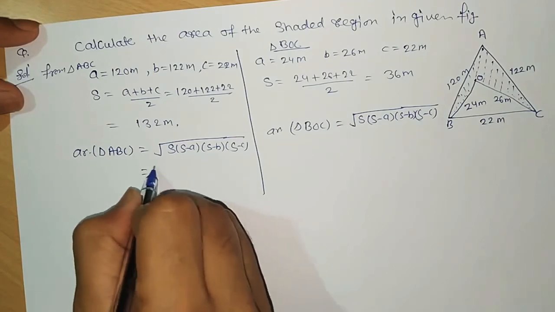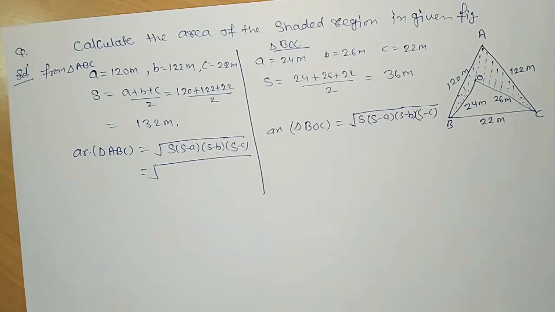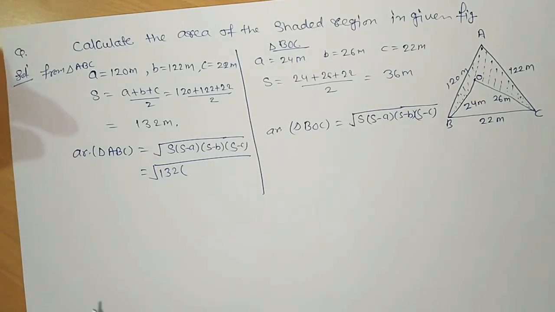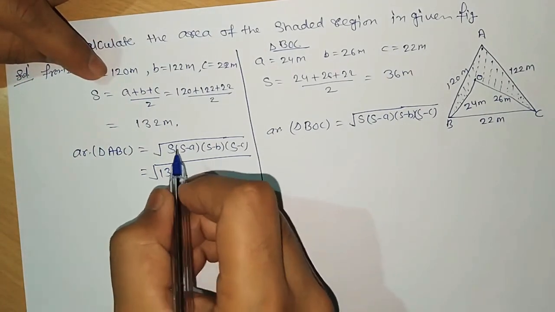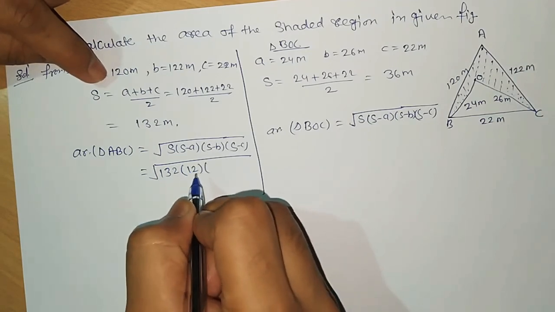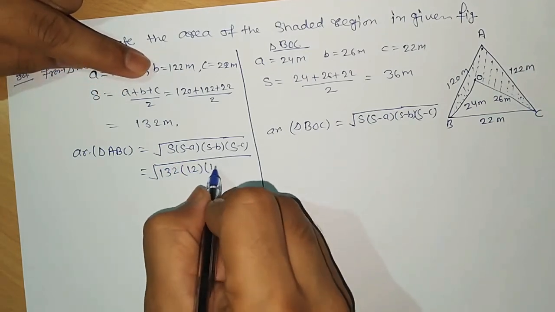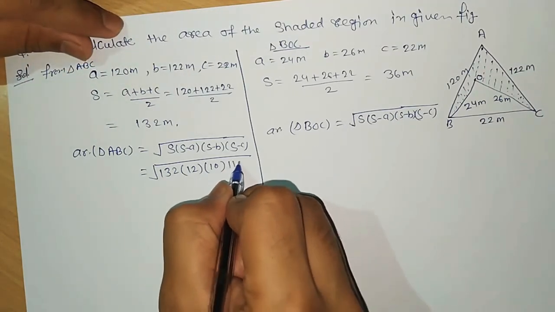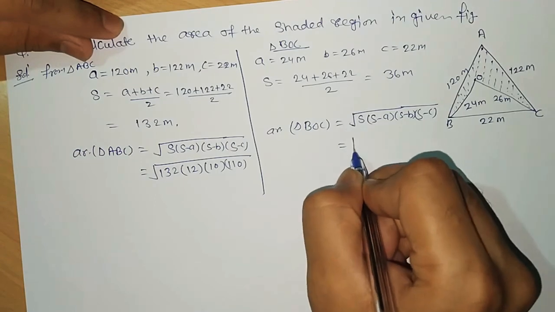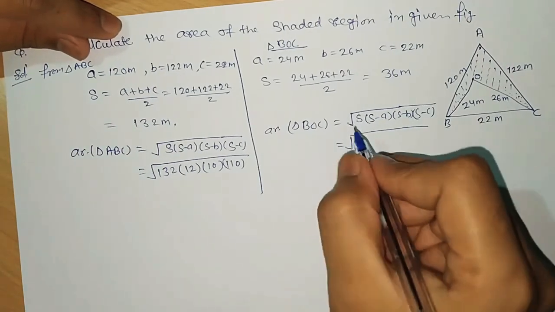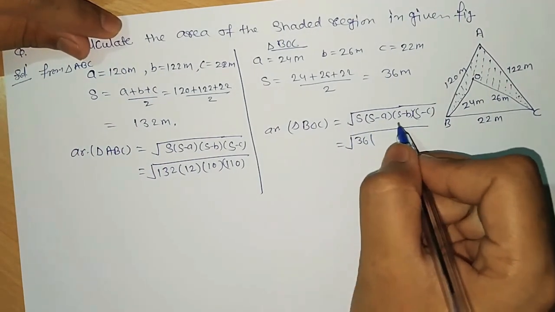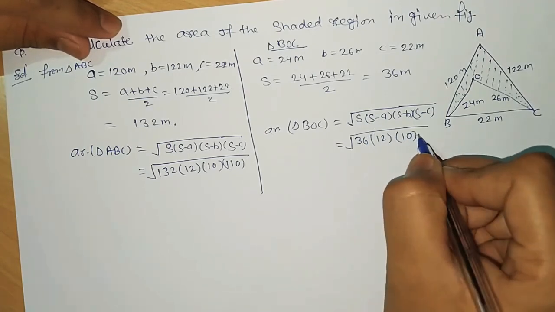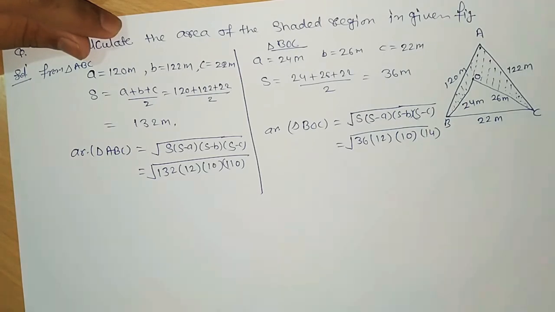Okay, put the values of a, b, c and s. 132 is the s value, and s minus a equals 12, s minus b equals 10 and s minus c equals 110. Now here put the value of s as 36, and s minus a equals 12, s minus b equals 10 and s minus c equals 14.